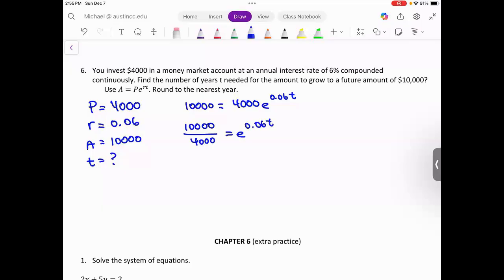Now, we can convert this to our logarithm form. We have that exponential. We want to convert to the logarithmic form. So we have a base e here, and so that's going to be the natural log of 10,000 over 4,000 equals 0.06t.